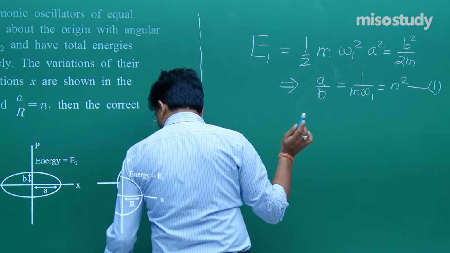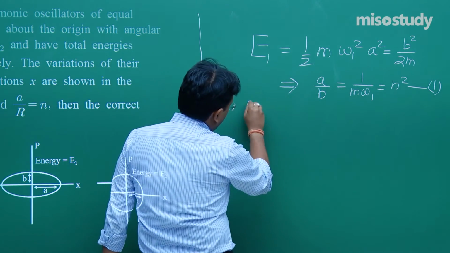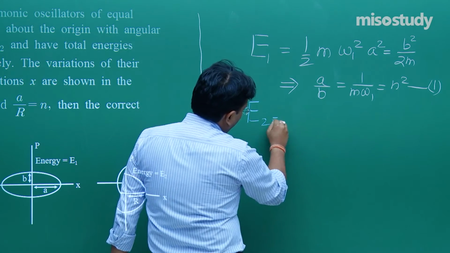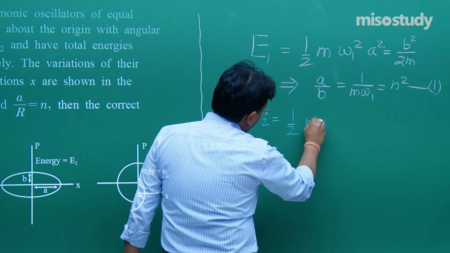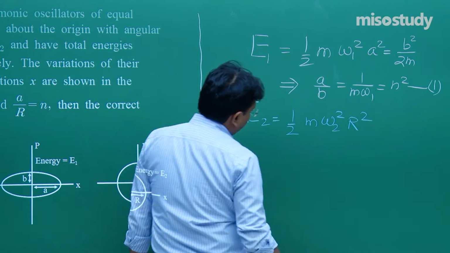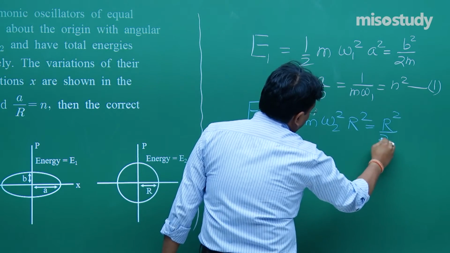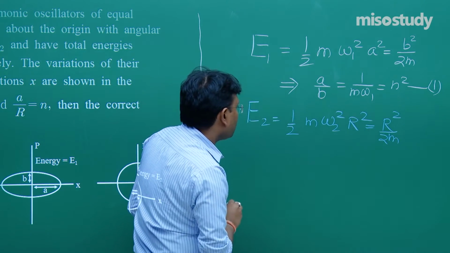Similarly, I should use a blue chalk to write down the E2 equation. E2 is equal to 1 by 2 m omega 2 square r square, that is r square upon 2m. I hope it is correct.